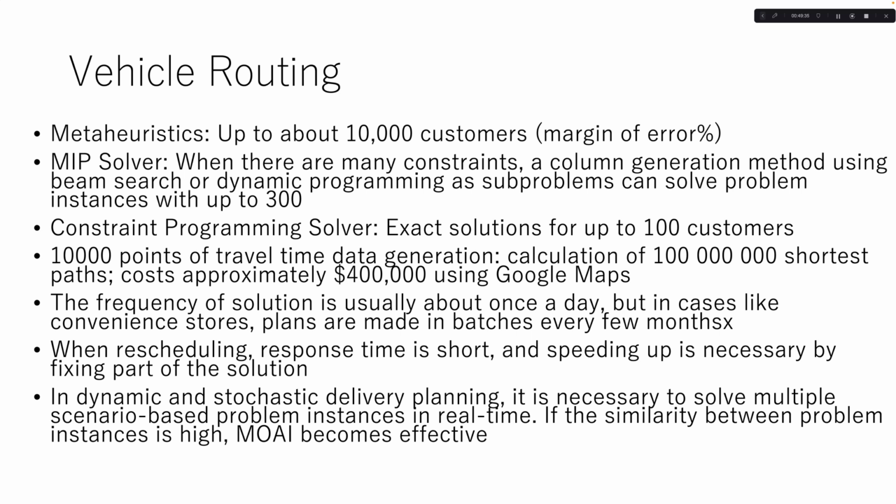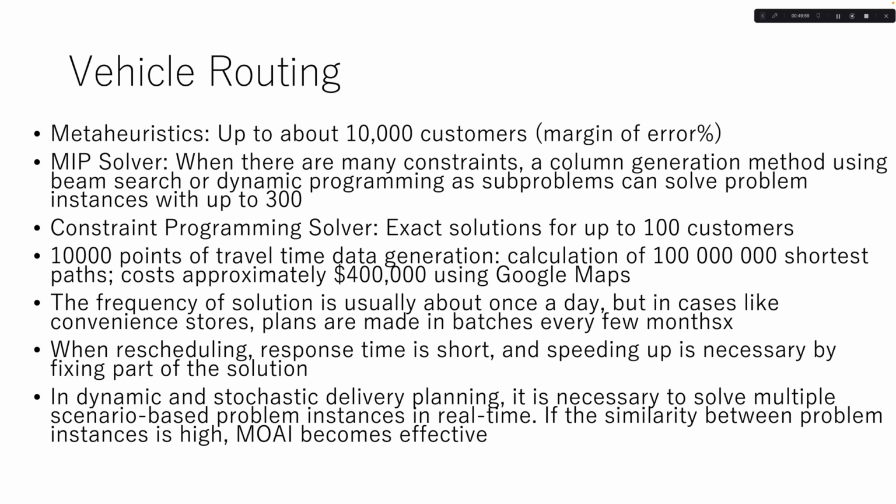For simple time window benchmark problems, up to about 200 customers can be solved. When there are many constraints, a column generation method using beam search or dynamic programming as subproblems can solve problem instances with up to 300 customers. When using constraint optimization solvers, exact solutions can be derived for problem instances with up to about 100 customers.